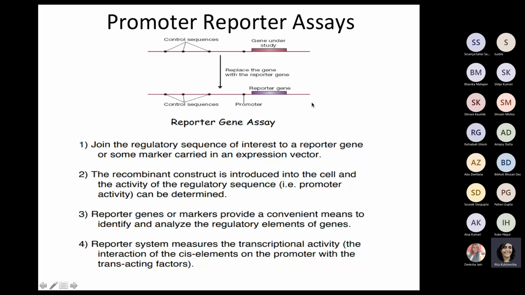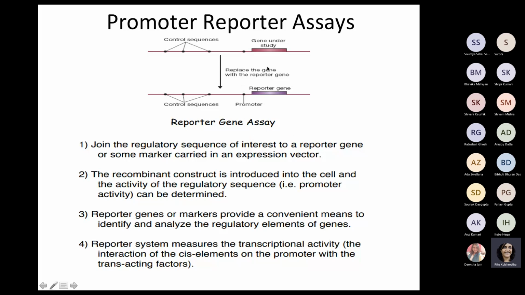Now let's say you find that your gene of interest, let's say the BAG1 gene, is induced in response to heat shock. Let's say you had seen that at the transcript level by RT-PCR. Now you want to know whether that increase in transcript level is because of increased activity at the promoter. So I clone the BAG1 promoter upstream of a reporter gene and transfect it into cells.